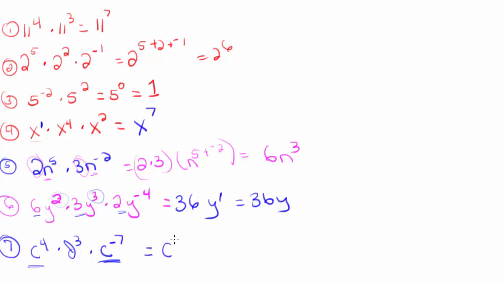That's going to become c to the negative 3 times d cubed. You could just leave it like that. But since this is a negative, from our rule that we learned in 8-1, this is going to become d cubed on the top and c cubed on the bottom. So you have to keep simplifying it.